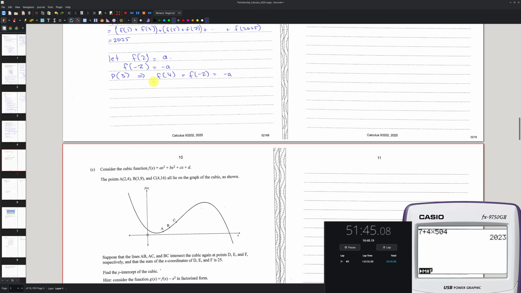So then f of -4 equals negative a. P of 5 implies f of 6 is a. f of -4 equals a. Continuing.